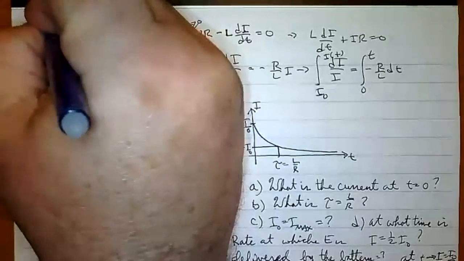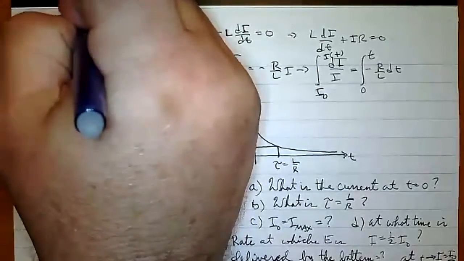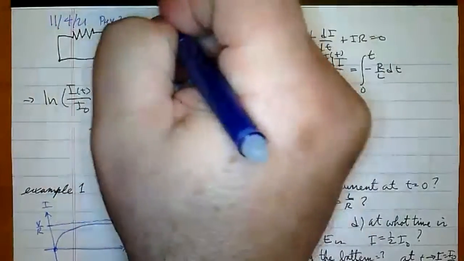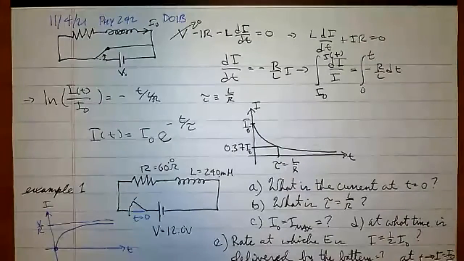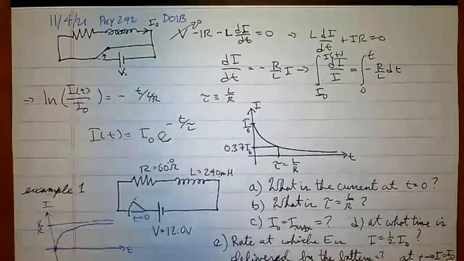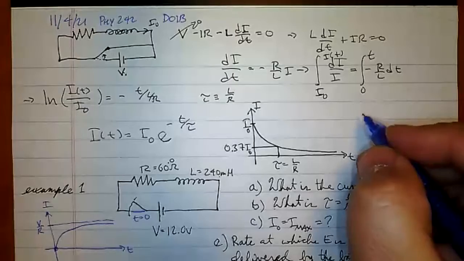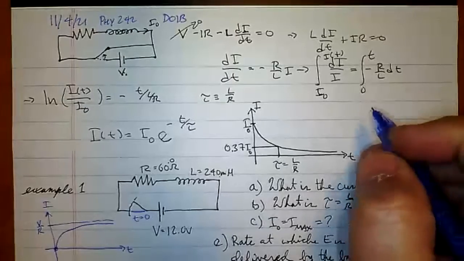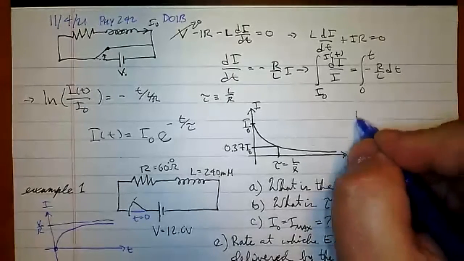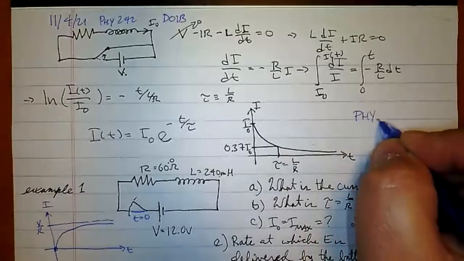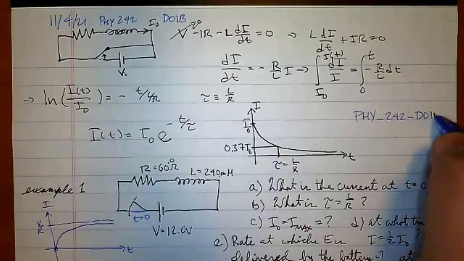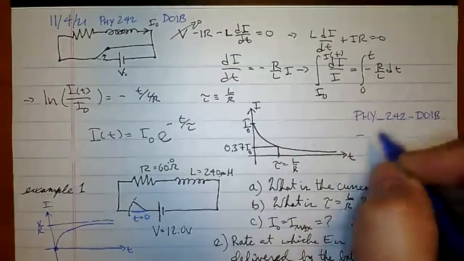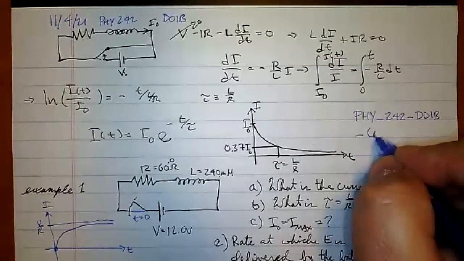Oh, and I should write up here, I've been doing this lately. So this is 11, 4, 21, and this is PHY242 D01B. So you'll notice these are labeled when you go to my Google Docs. They're labeled this way. You'll also notice, when you look at the videos on my YouTube channel, they used to say PHY_242_D01B underscore like chapter.